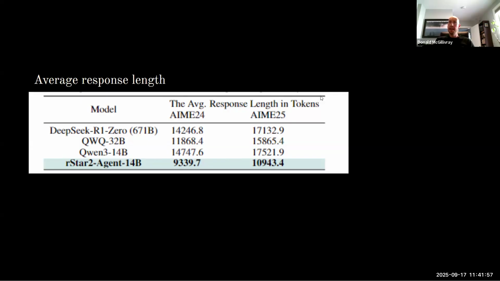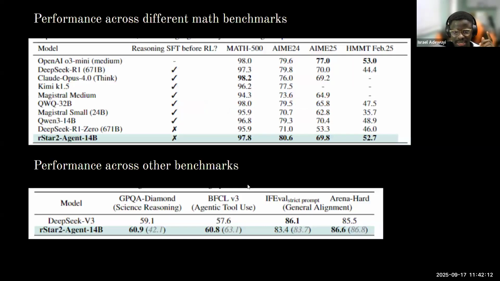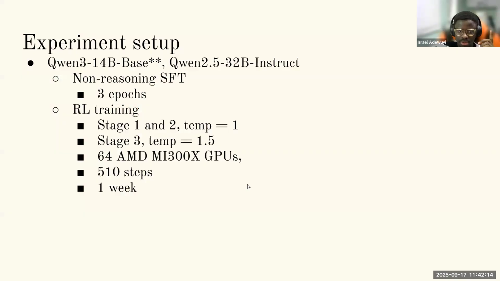Did they try different agents that had different capabilities for tool use baked into the base model? Right. So they did not report this, but another thing I wanted to note was that the starting model was the base model that had not been instruction fine-tuned yet.